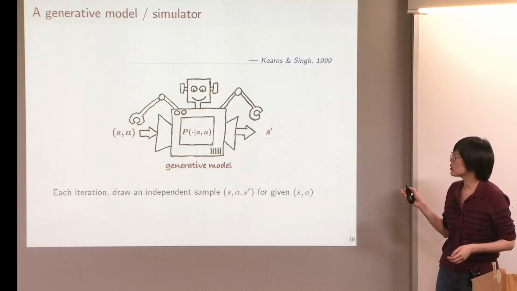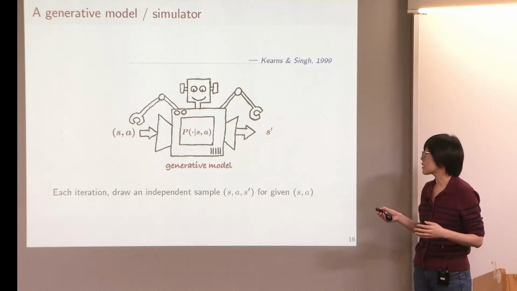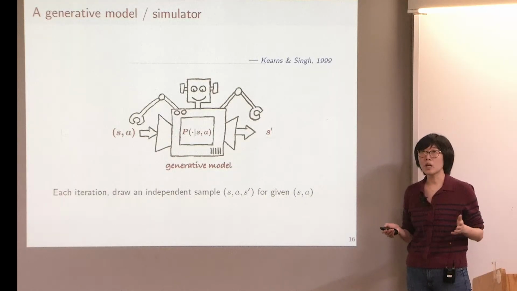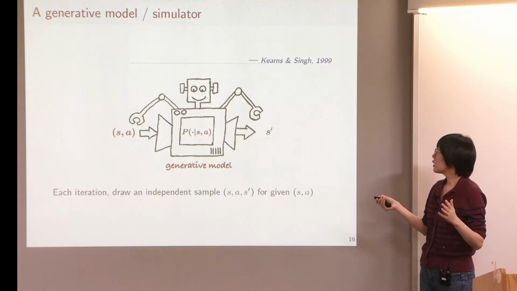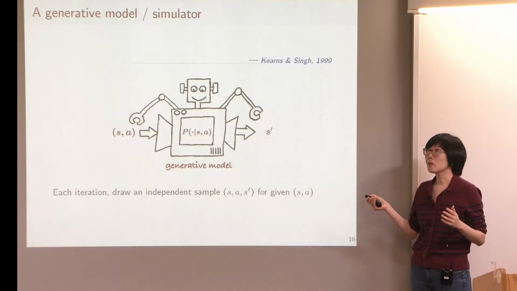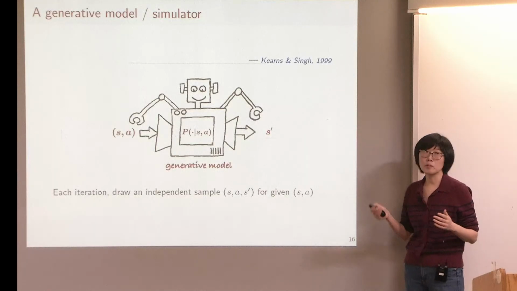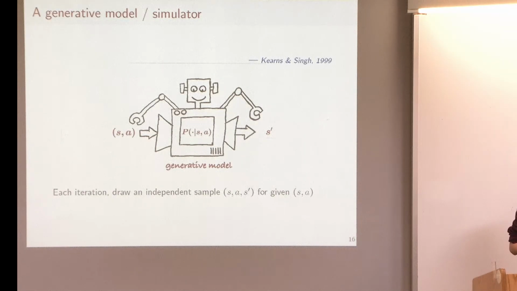This is probably the simplest model you want to look at. It assumes that at every iteration, for every state action pair, I can observe a transition from it. This generative model will output the next possible state to me, called S prime, and I have this for every state action pair.